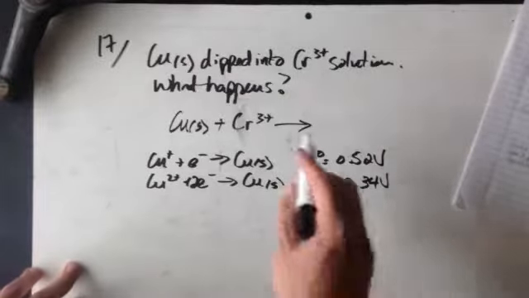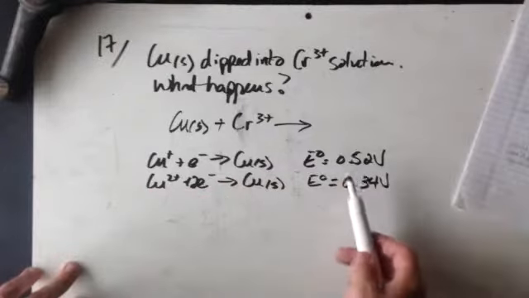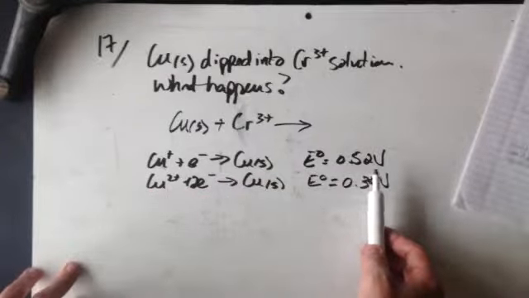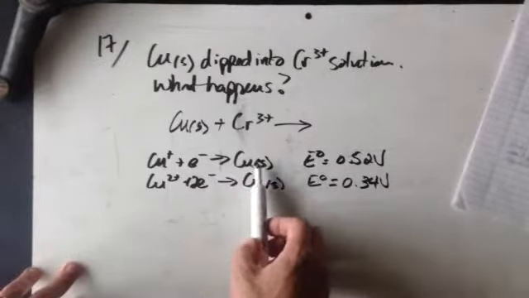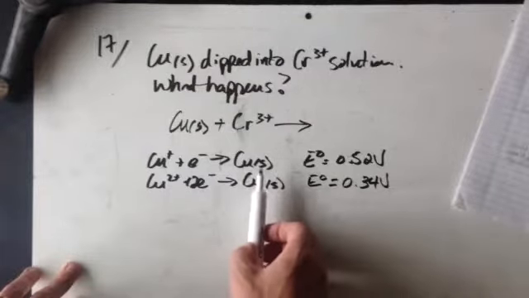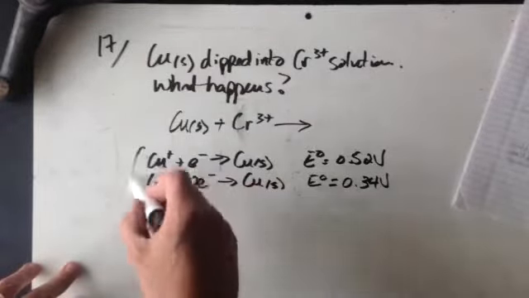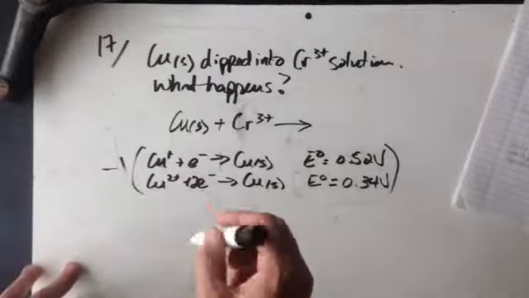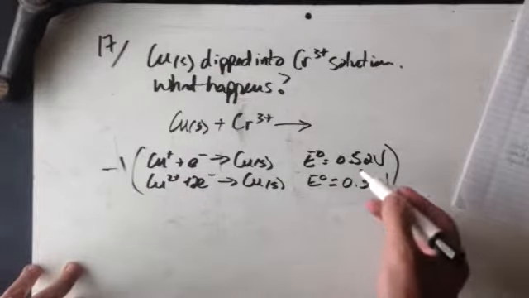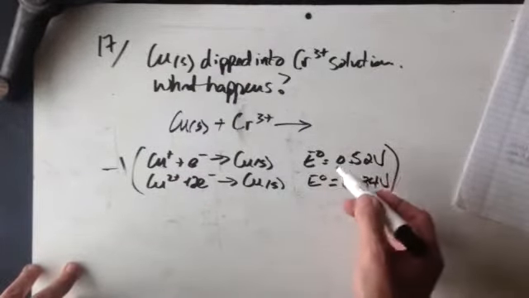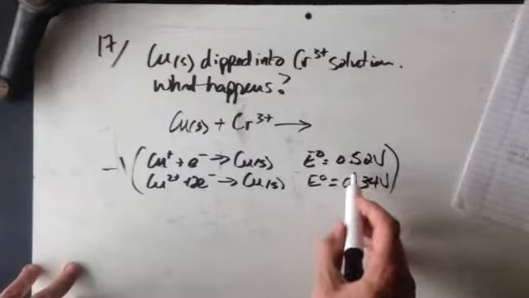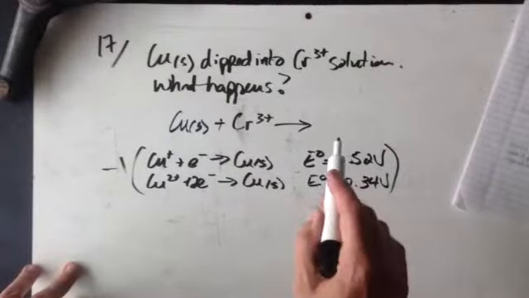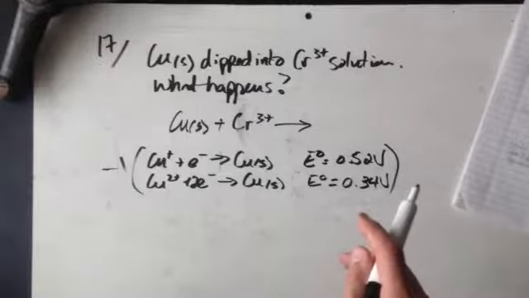So both of those reactions as they stand right now give a positive cell potential. The problem is, though, they both have copper metal on the product side. So we would have to flip both of these or multiply by -1, and that would change our potentials to -0.52 and -0.34. So let's just hang on to that for a second.